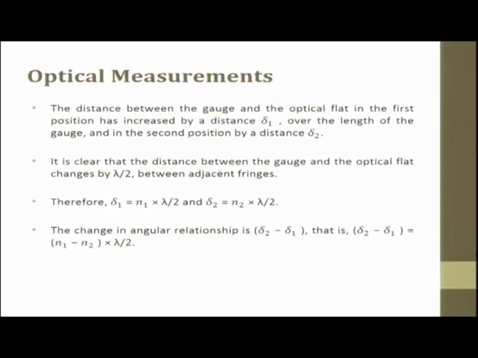It is clear that the distance between the gauge and the optical flat changes by lambda by 2 between adjacent fringes. Therefore, delta 1 is n1 lambda by 2 and delta 2 is n2 lambda by 2. So, the change in angular relationship is delta 2 minus delta 1, which is nothing but n2 minus n1 into lambda by 2.